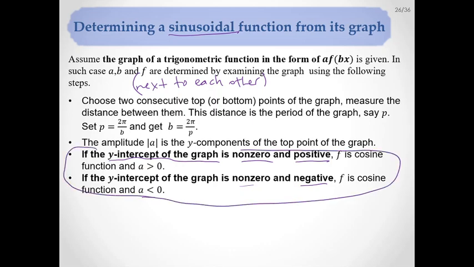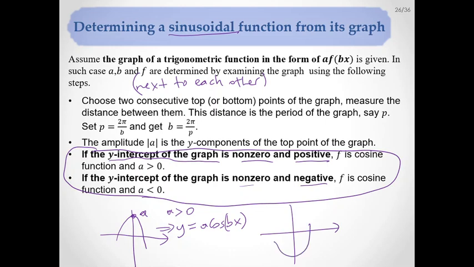Okay, I will show you directly in the graph. If you have such a thing, then a is bigger than 0, and this is the graph of a cosine bx for sure. Again, this is y equal to a cosine bx. Now a is less than 0, because it's under the x-axis.